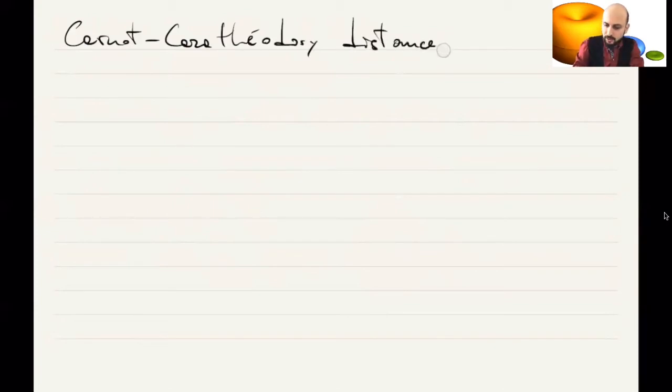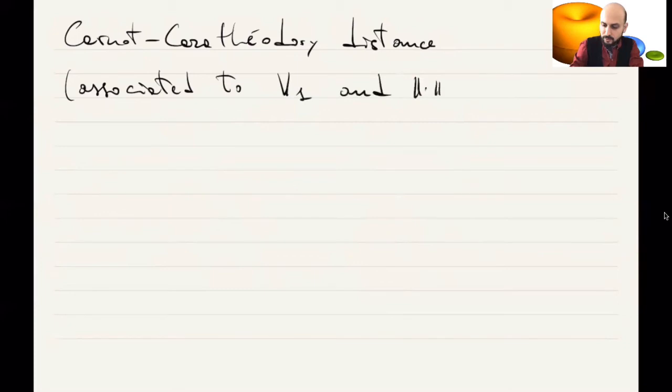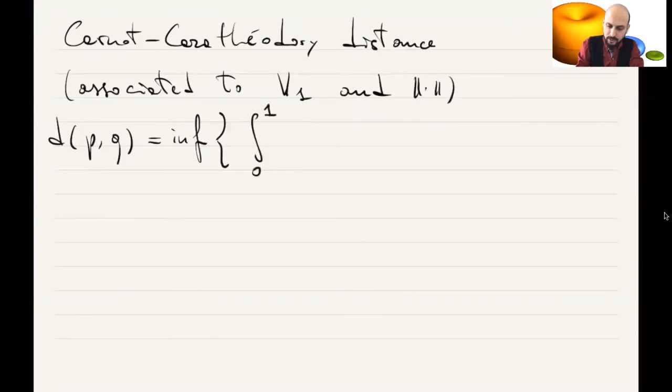So, the Carnot-Carathéodory distance associated to V1 and the norm is nothing else than the distance function where the distance between two points P and Q is equal to the infimum of the length of horizontal curves connecting P and Q. Namely, the length of a curve is just the integral of the norm of the derivative, which is defined because gamma is absolutely continuous.